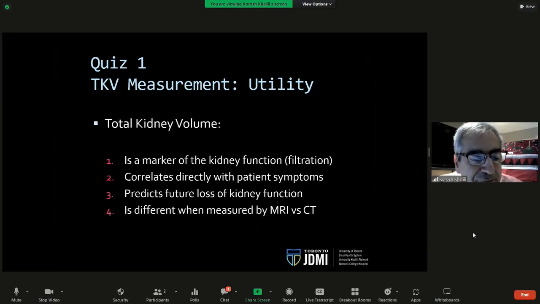Three, it predicts future loss of kidney function. Or four, is different when measured by CT versus MRI. And let's see if you can cast your votes.